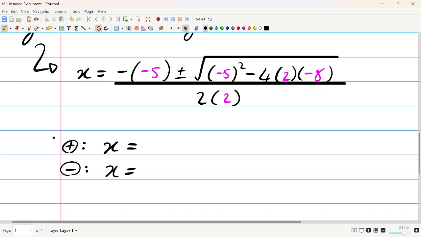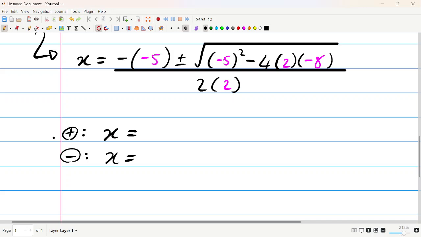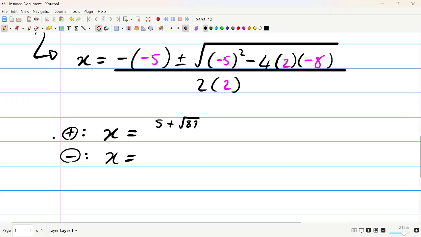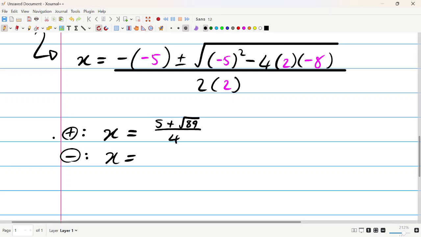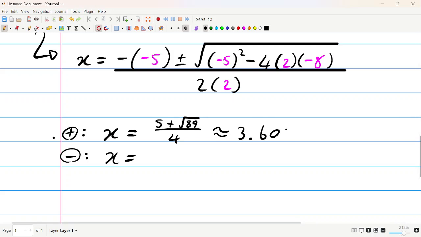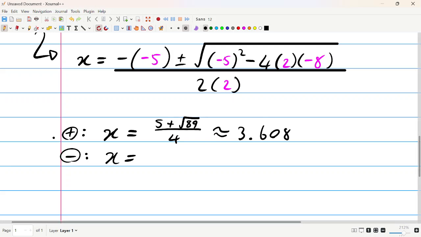So let's use a calculator for this. The first one, with the positive, we are going to get 5 plus the square root of 89, all divided by 4. And if you check out the approximation, this is approximately going to be 3.608.